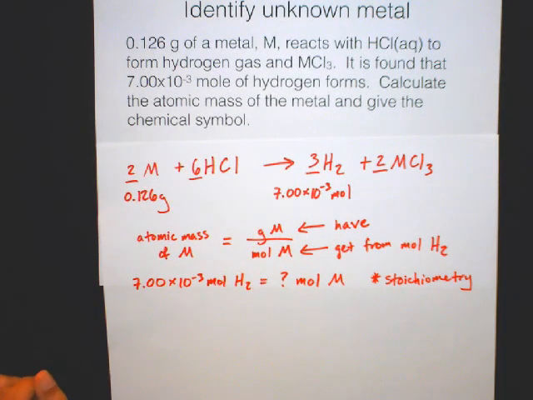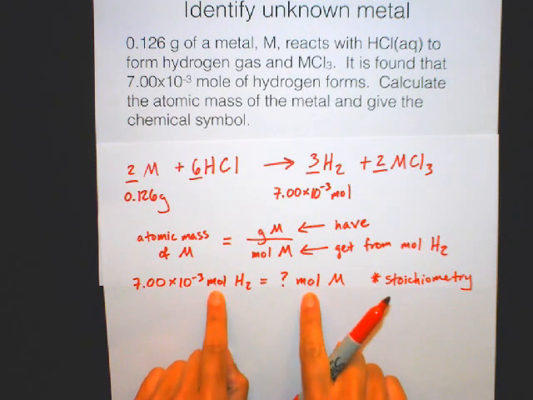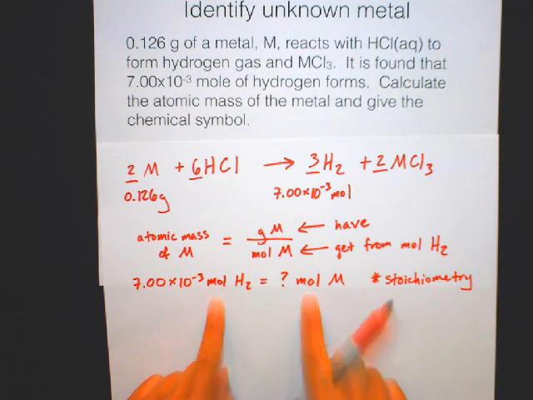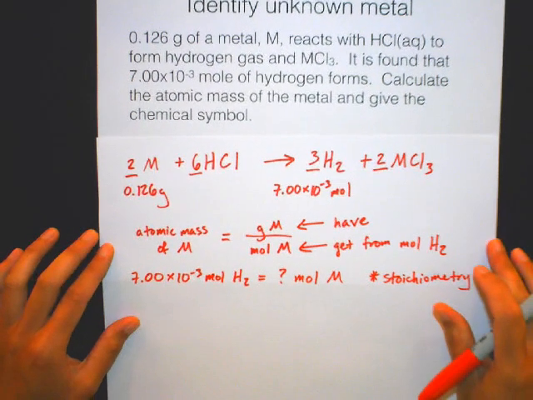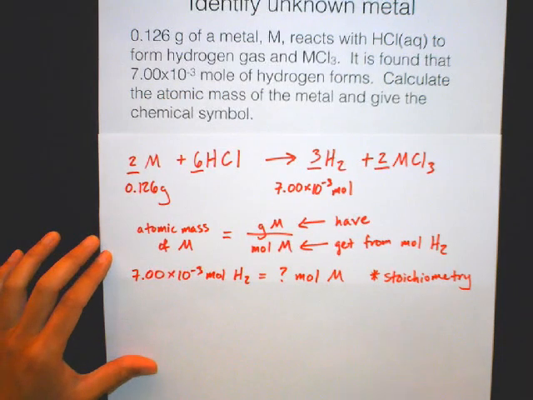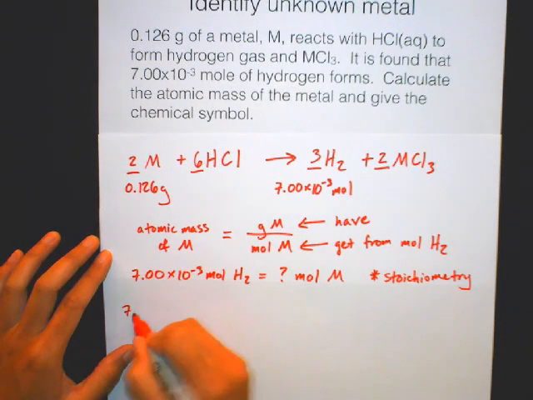Now you can show off your skills. Okay, so this is a mole-to-mole problem. So how many conversion factors are we going to need? One. Just one. Mole to mole, so we just need the mole ratio, right?